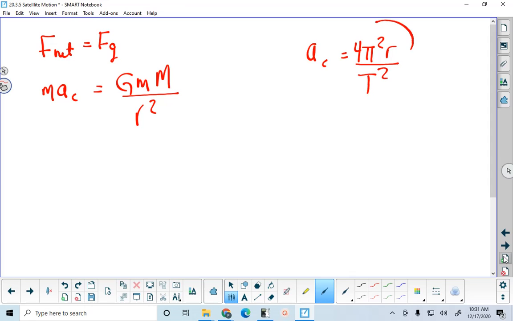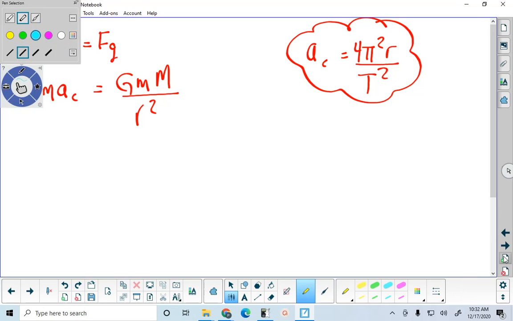And I need you to go to your formula sheet and double check to make sure that that's correct. So that goes in where we have a c.